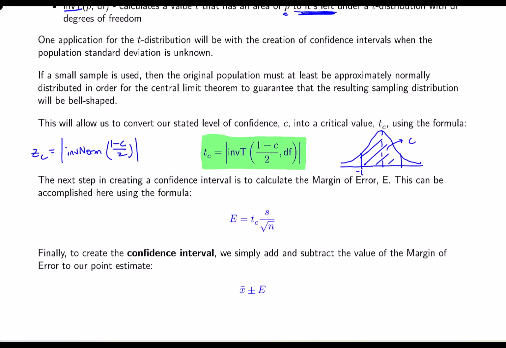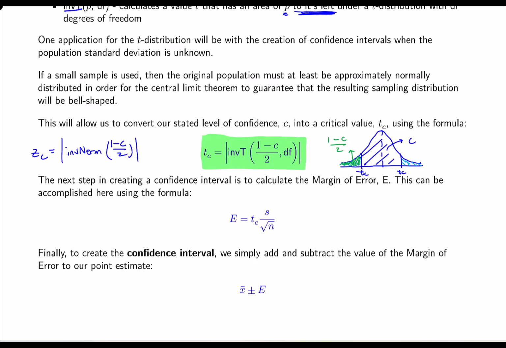In order to figure out these two values here, negative t sub c and positive t sub c on the right end, you take 1 minus your level of confidence, which gives you the amount of area in the tails of your distribution. And if you divide that by 2, then that will tell you in particular how much area is in the lower tail. So 1 minus c divided by 2.